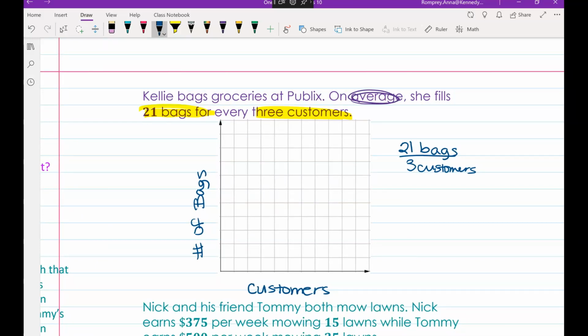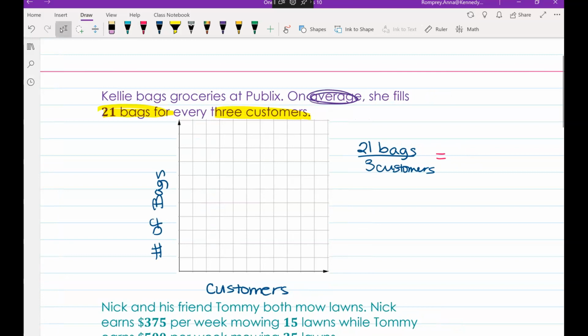If I want to find the average rate of change, I simply simplify. So 21 is divisible by 3, so my average rate of change would be 7 bags per 1 customer. And I'm going to use this so that my numbers don't have to be quite as huge when I'm graphing. So 7 bags per 1 customer.